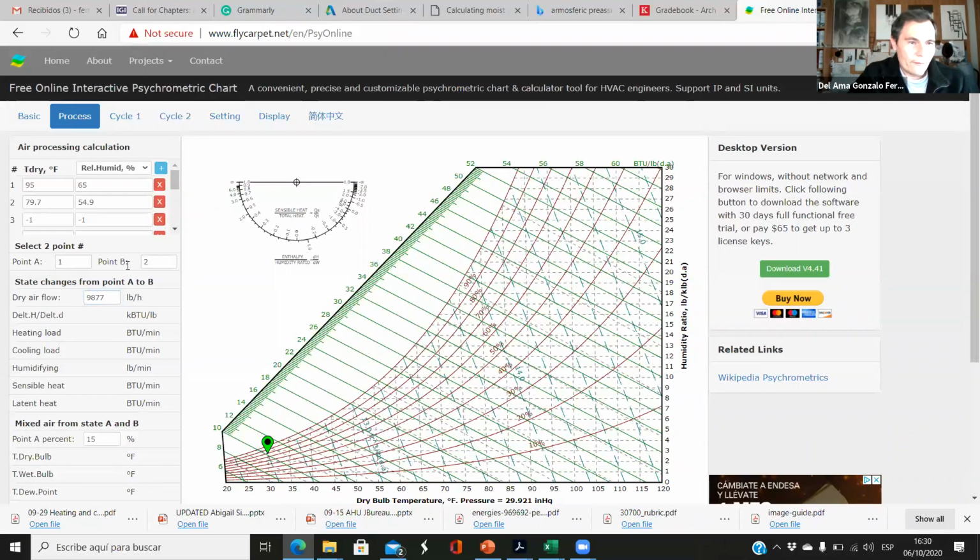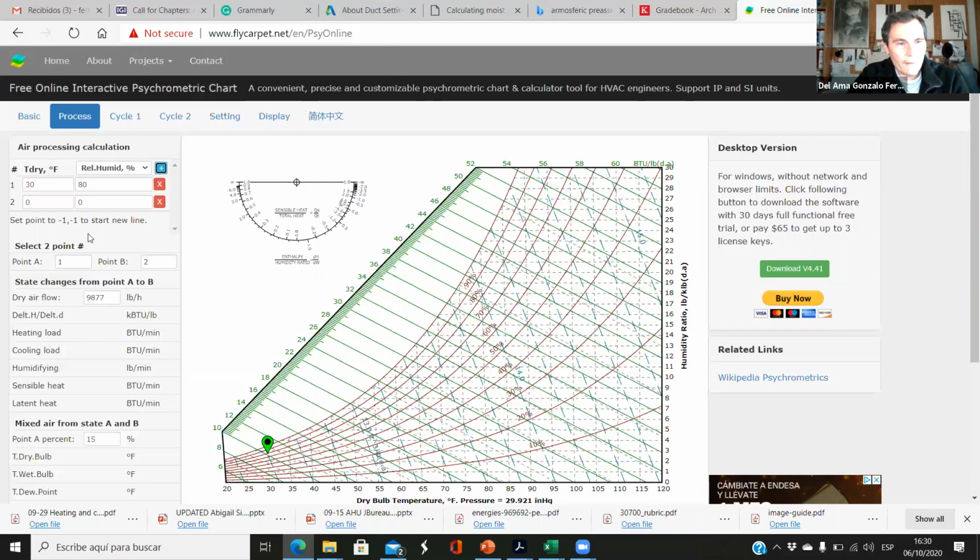And now we have to type here point A and point B. Okay, so this is A, let's say that it's outdoors, and B is indoors. So we get rid of all those elements here. This is the first one. So that would be outdoors. Outdoors, it was 30 Fahrenheit and 80 relative humidity.